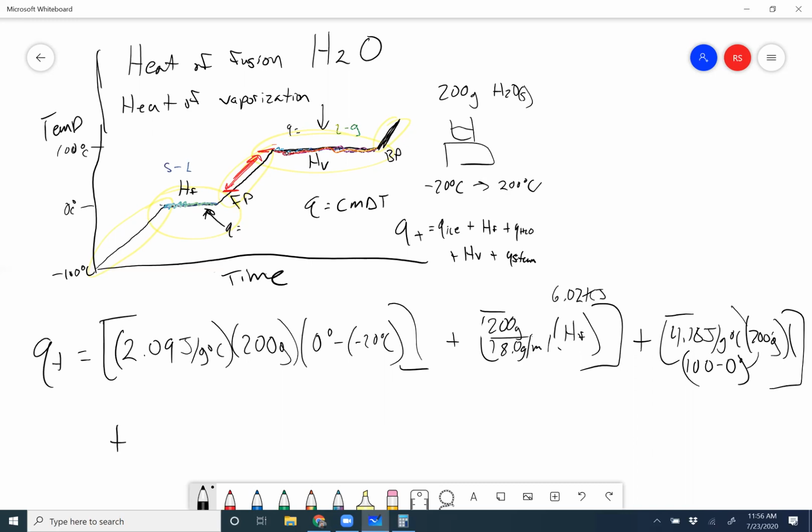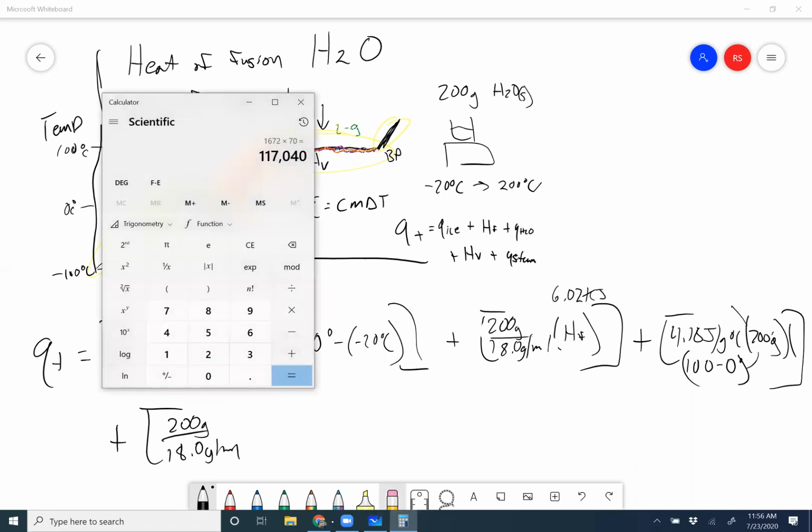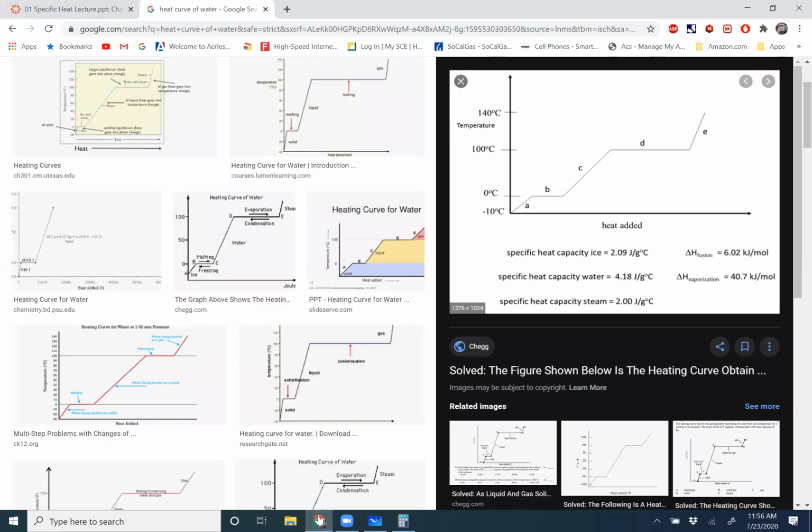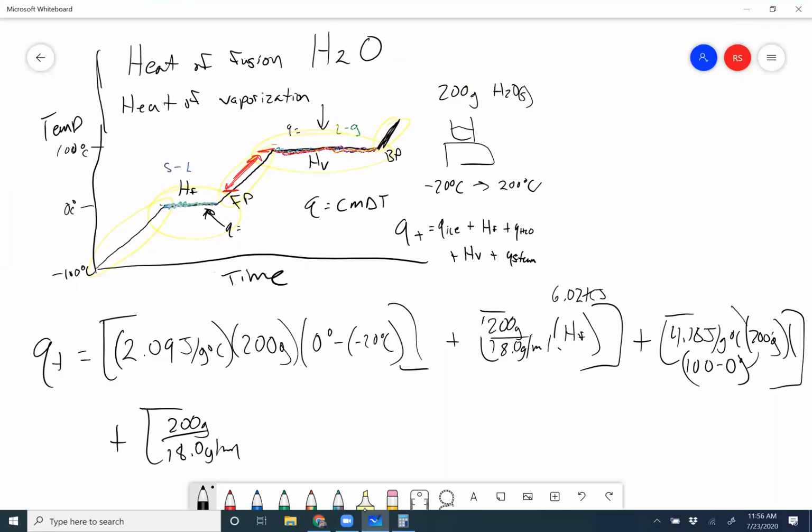And then we'll add to that the 200 grams divided by the 18.0 grams per mole. But now we have the heat of vaporization, which is 40. So we multiply that by 40 kilojoules per mole. So again, we need to convert this at the end.